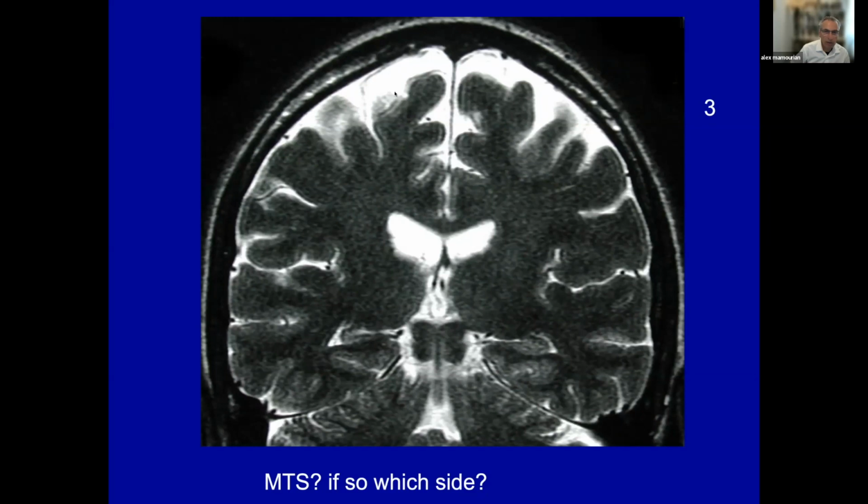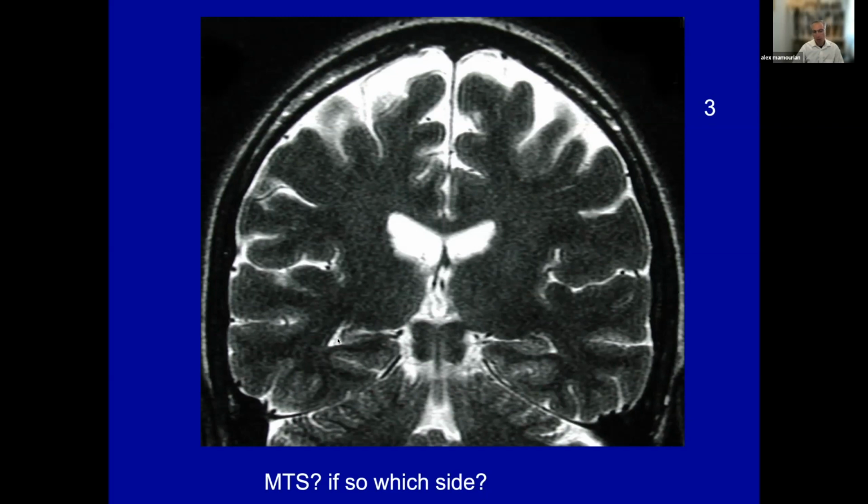All right, very good. And I'm happy to see you're all fast learners, or you already knew about mesial sclerosis, but excellent responses. Here you see the normal hippocampus on the left side. Here you see the temporal horn. And here on the right side, the hippocampus is small, kind of blurry.